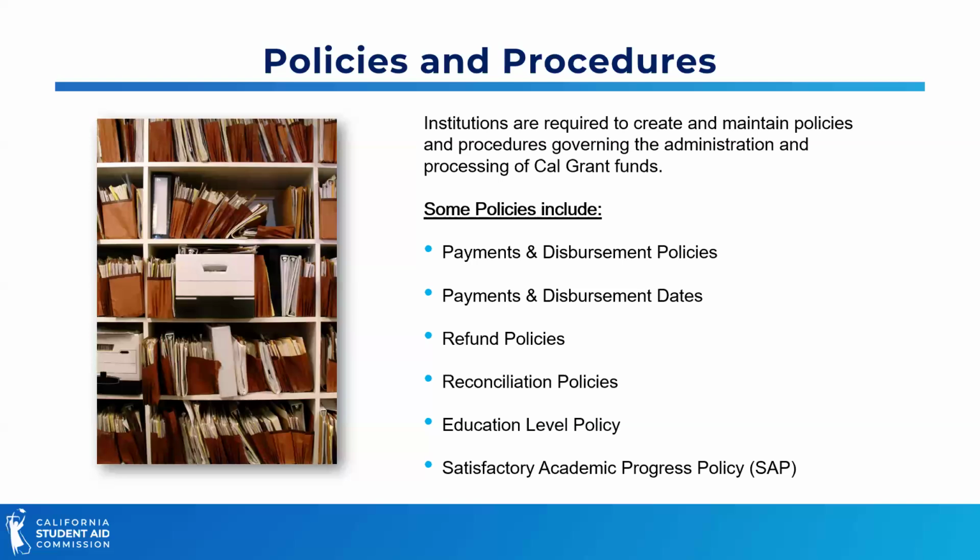So some of these policies may include payment and disbursement policies or dates, your refund policy, how you reconcile the Cal Grant program, your specific education level policy, and then, of course, your satisfactory academic progress or SAP policy. So again, just make sure these are well documented, they are available, especially in the case of a Cal Grant audit.